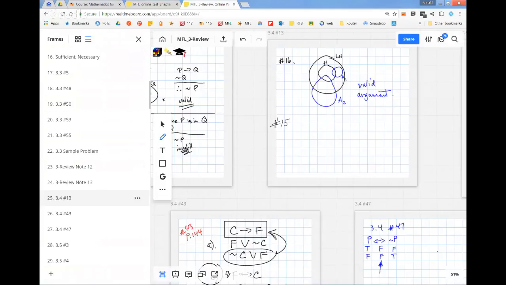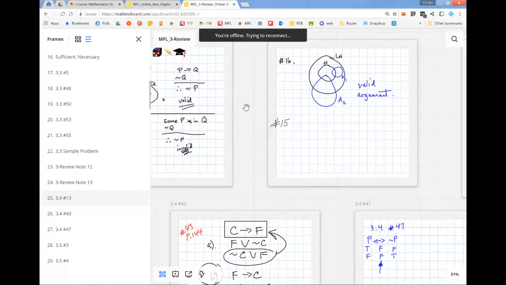Use a truth table to show that in general, the converse and the inverse are equivalent. So, if P then Q, let me save space here. Who can tell me the converse? It's Q then P?